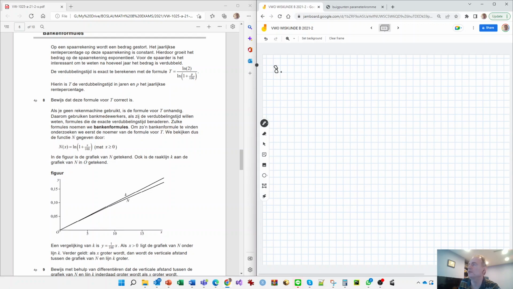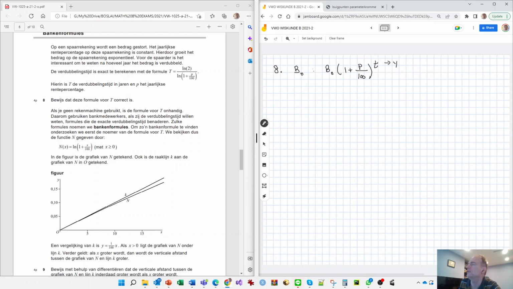Say I deposit a balance of B0, and then I know that over time what's on the account is B0 times 1 plus the interest rate. But just following this form here, if you put the interest rate p in percentage, it is p divided by 100, and then to the power t, which should be the time in years.